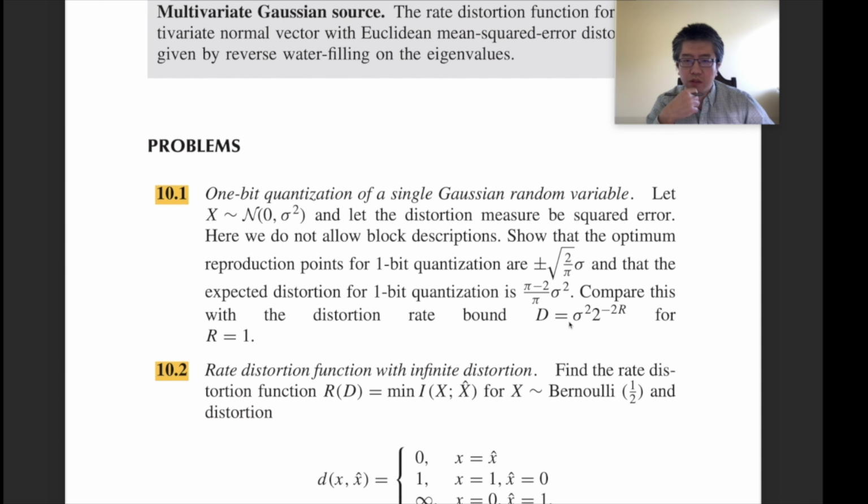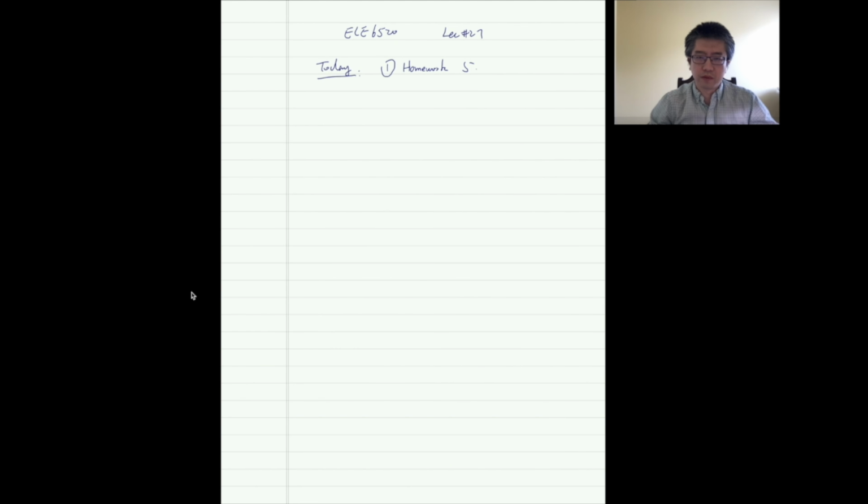It is the optimal distortion for rate equal to 1. Okay, so let's get started. Because here we have only one bit, one bit basically means two levels.